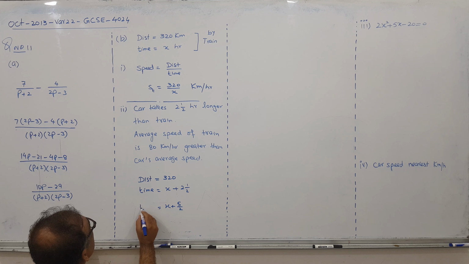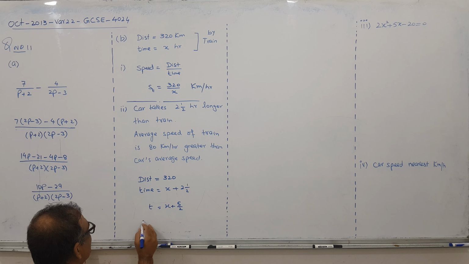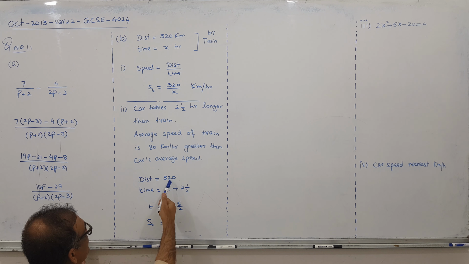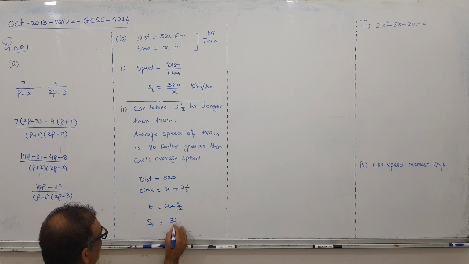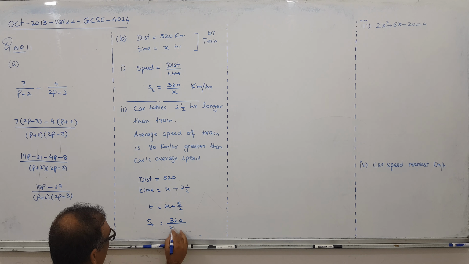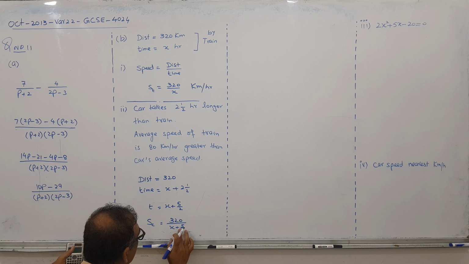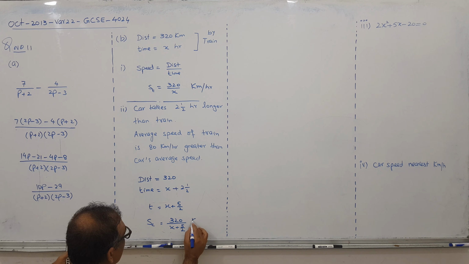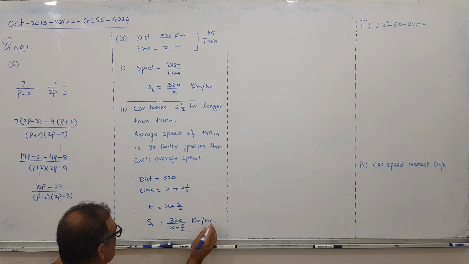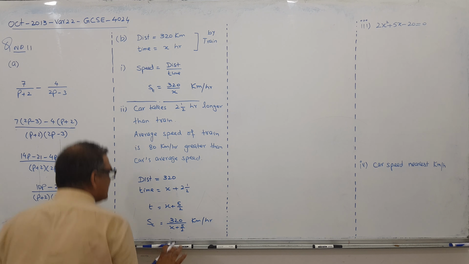So time is this one. And I don't need time, I need speed. So what is the speed of the train or the car? So distance by this: 320 divided by x plus 5 by 2 kilometers per hour. Okay, so this is over.